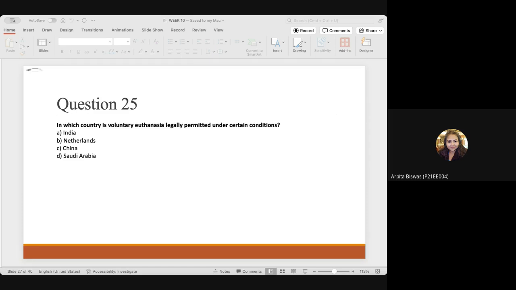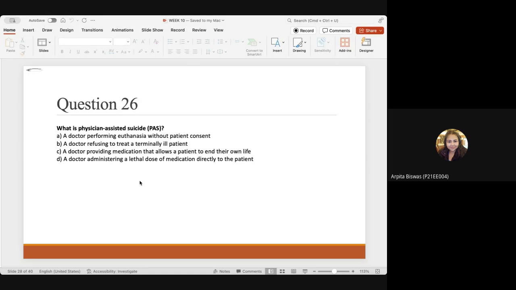So the right option is option B, Netherlands. Okay. So next, move toward question number 26. What is physician assisted suicide (PAS)?